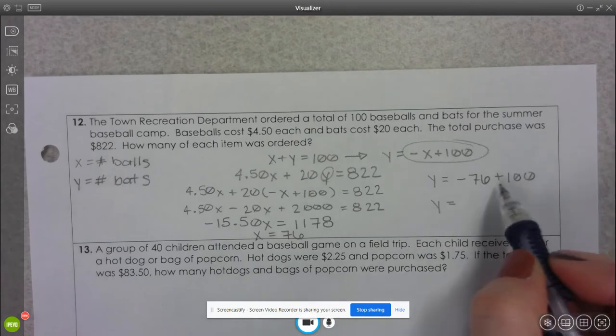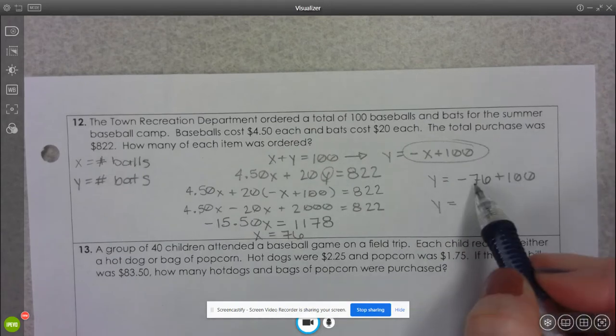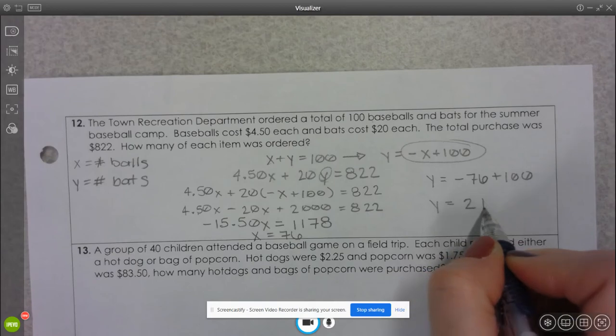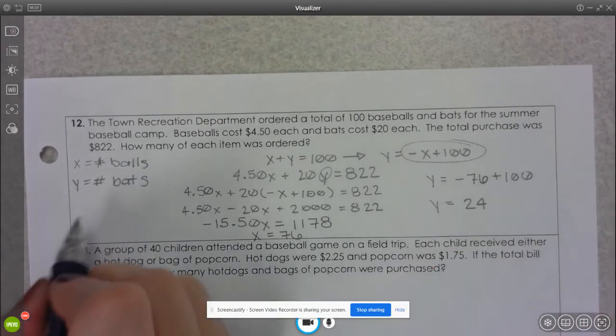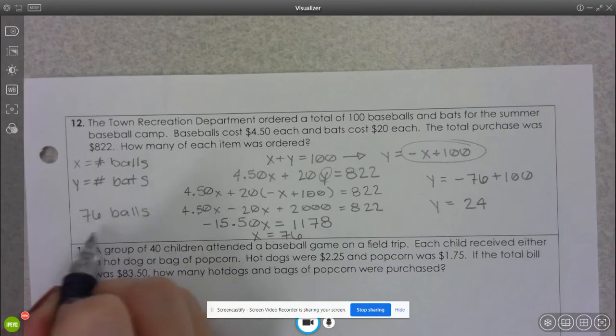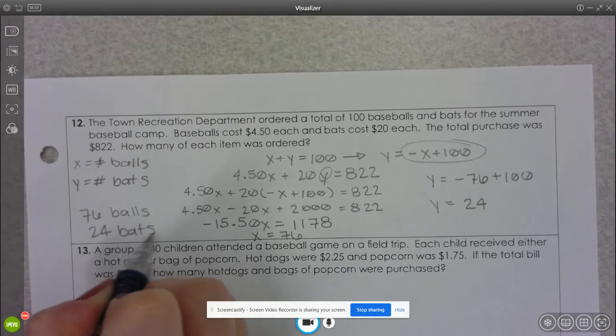So taking 76 away from 100, or going the opposite direction, if I add 4 to this, that would bring me to 80. I need 20 more to bring me up to 100. So we'll have 76 baseballs and 24 bats.